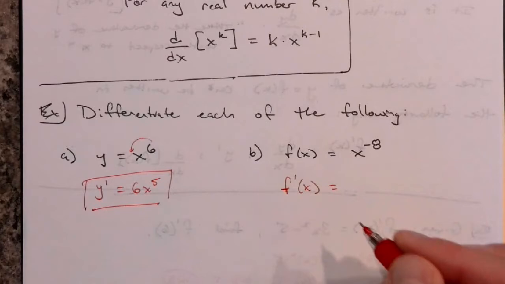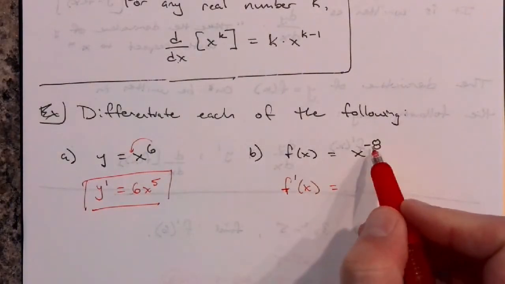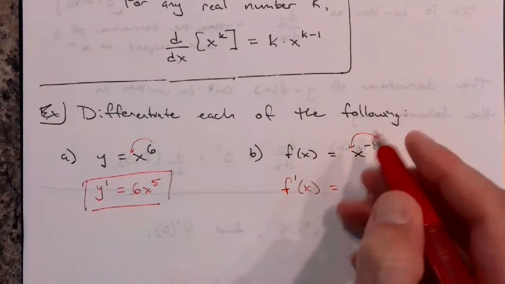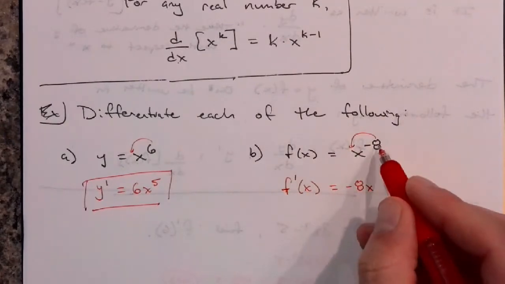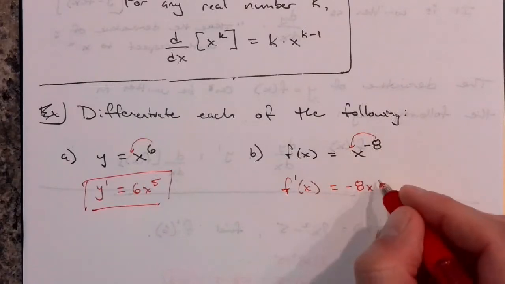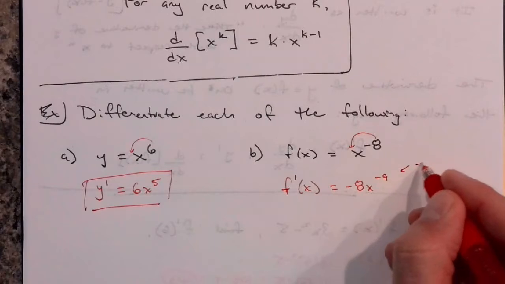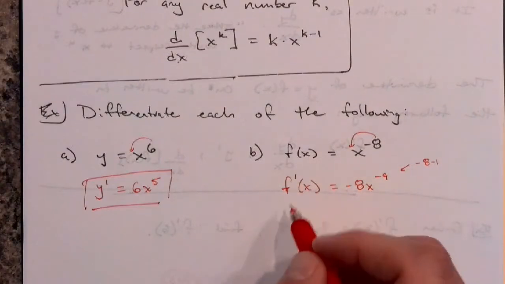Right? So f prime of x is equal to, taking the derivative, it's a variable raised to a power. You bring the power out in front, so negative 8 in front. And this is x to, remember, you're subtracting 1 from the power, so negative 8 minus 1 would be negative 9. Right? Negative 8 minus 1 is how you get there. It's negative 9. And you could leave it like that.